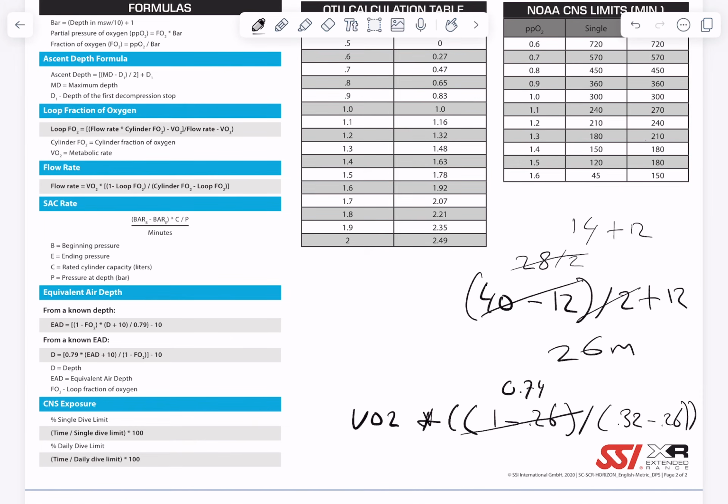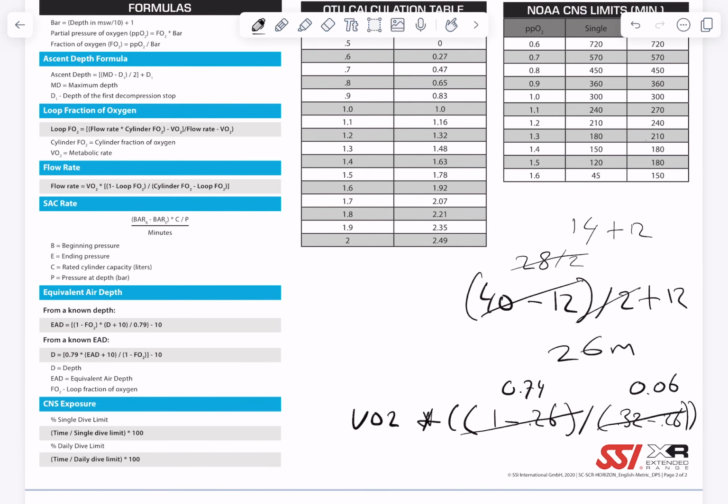And then we have 0.32 minus 0.26. So 0.32 minus 0.26. And this number is going to be tiny, right? And it's going to be 0.06. Excellent.